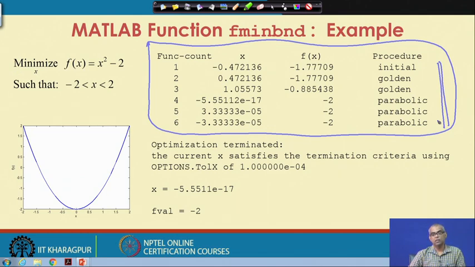It started with golden section search and then later on moved to parabolic interpolation. So, this is actually a very efficient way of doing one dimensional search. You can start with a golden section and then move to cubic interpolation or parabolic interpolation. fminbnd uses golden section search and parabolic interpolation.